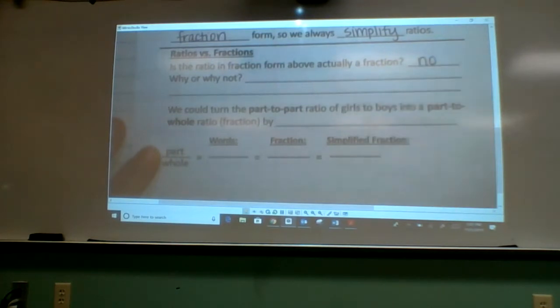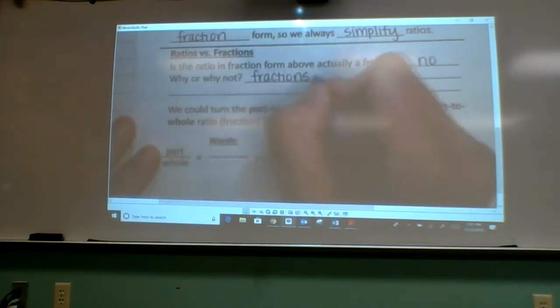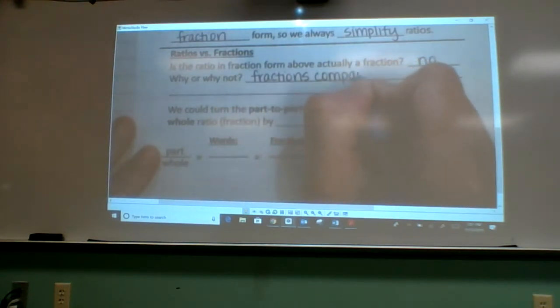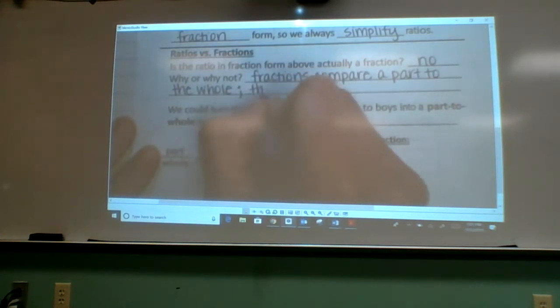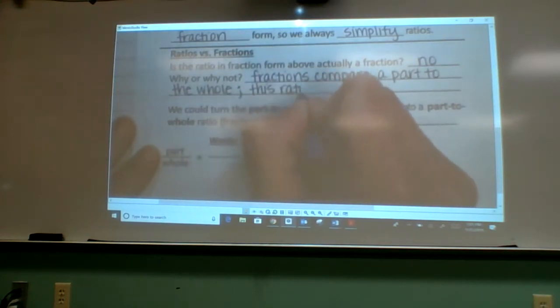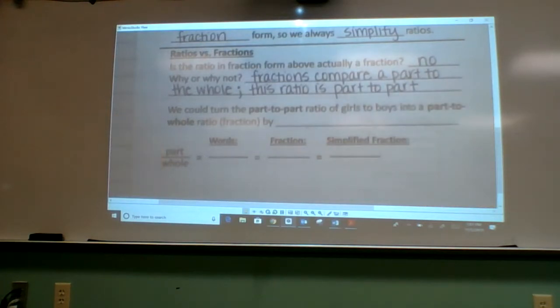And the reason is because fractions compare, and you probably know this, a part to the whole. This ratio is part to part. We're comparing one part of the class to another part of the class. We're not comparing part of the class to the entire class.